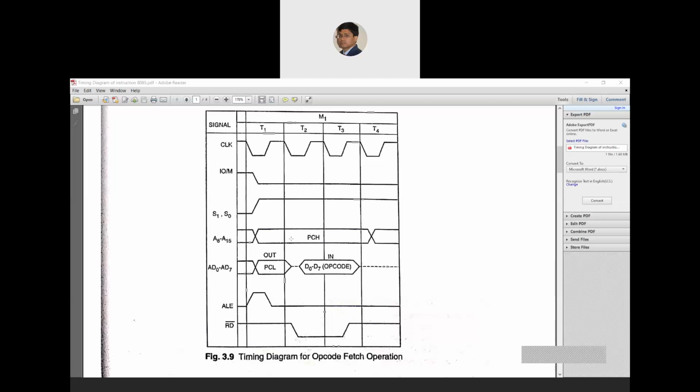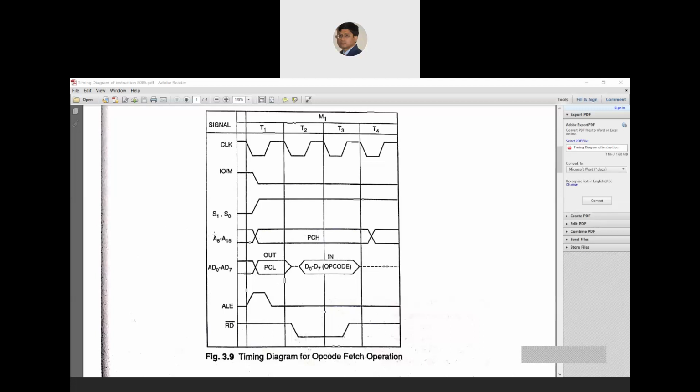Suppose 2000 is your starting address, where you have entered the hex code for the opcode fetch operation of the instruction mov a comma b. Then your PCH will contain the upper order address, and PCL will contain your lower order address.